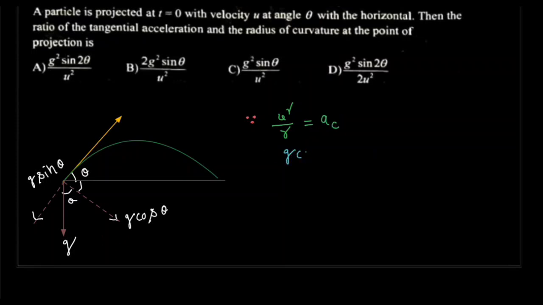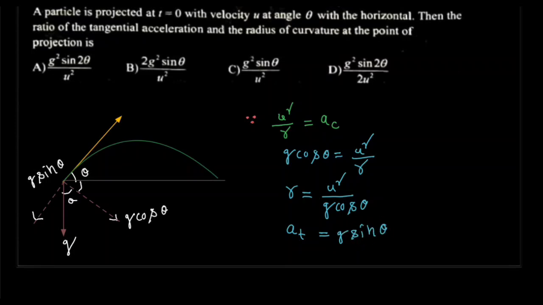So g cos theta is equal to u square by r. Therefore this r is equal to u square by g cos theta. And this tangential acceleration, at, can be written as g sin theta.